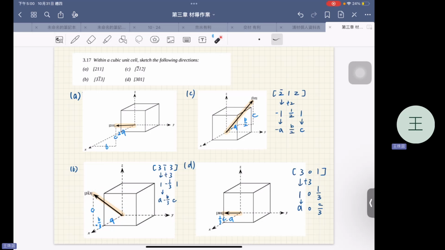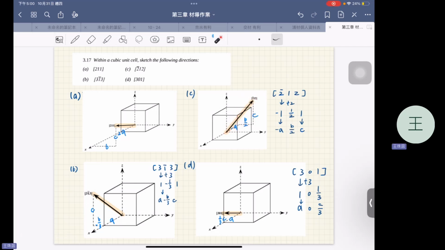Okay, so for question C, we also do the same thing. I'll first divide by 2 to make it simpler. And so we put a, b, c back in, so we know it's minus a, b divided by 2, and c. So it'll be like this.